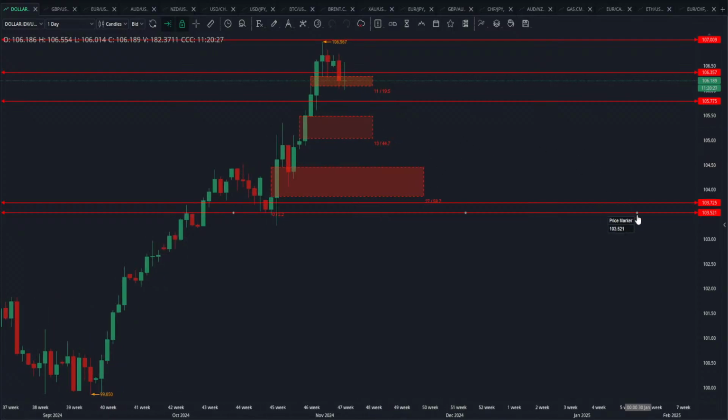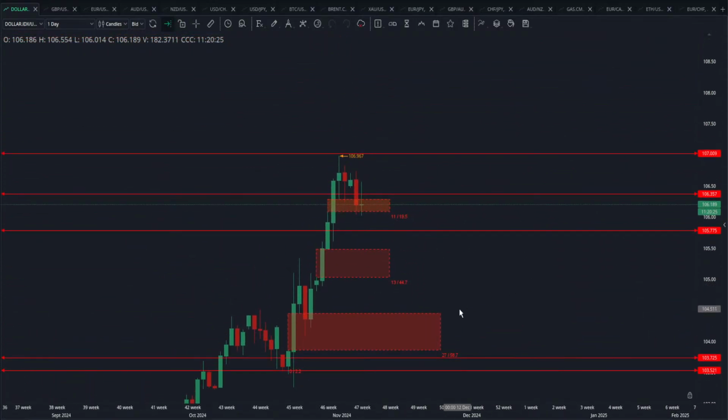But for the US dollar, there is support from the fair value gaps. Whenever the price meets this fair value gap, the big fishes try to buy more and more if they have to take it higher. If they don't have to take it higher, the price will tend to close below this. Now on the daily, the price has not yet closed below this fair value gap. That means there is still buying going on here.